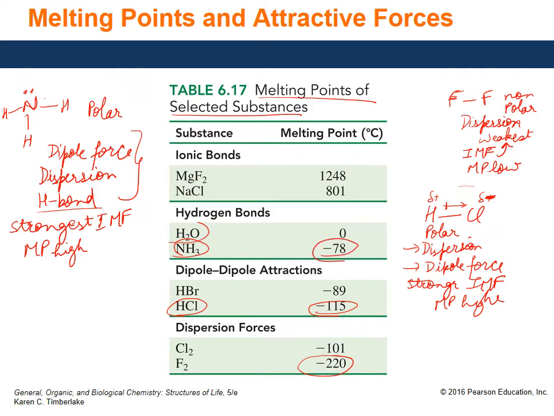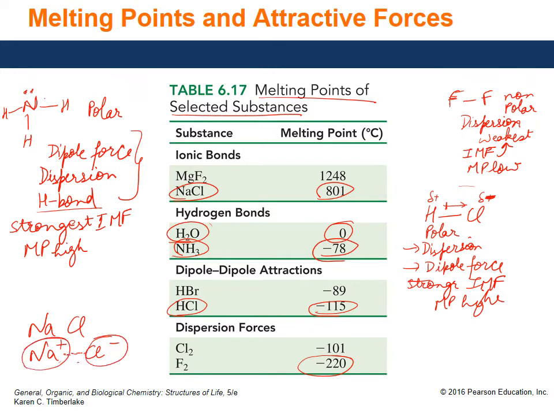For water, the melting point is 0 degrees, which is even higher. So water has even stronger hydrogen bonds and force of attraction in comparison to ammonia. How about NaCl? NaCl is an ionic compound. It is basically composed of metal and non-metal, so it is ionic, meaning Na plus, Cl minus. There is a very strong electrostatic force of attraction between positively charged and negatively charged ions.